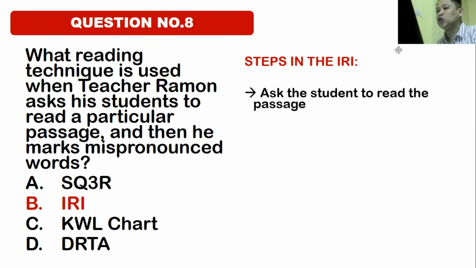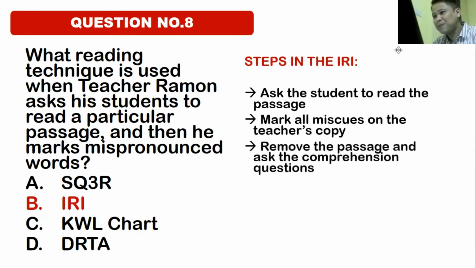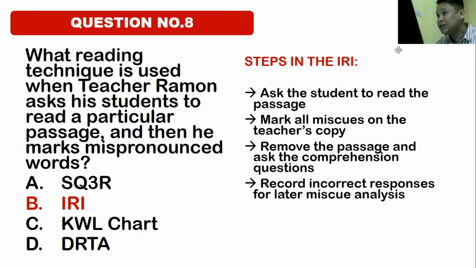Ask the student to read the passage. Then mark all miscues on the teacher's copy. Marks mispronounced words, it says in the question. Then remove the passage and ask the comprehension questions, and then record incorrect responses for later miscue analysis.